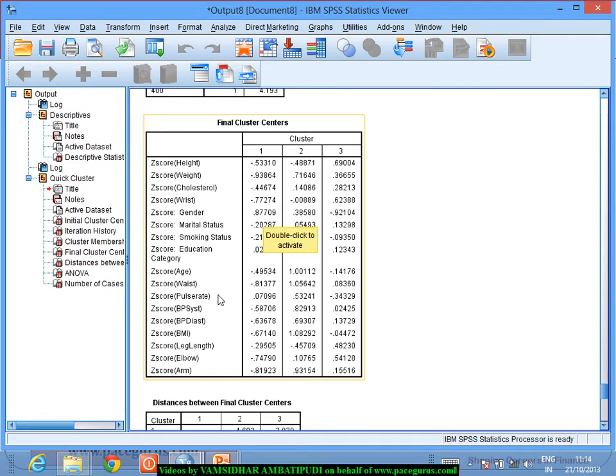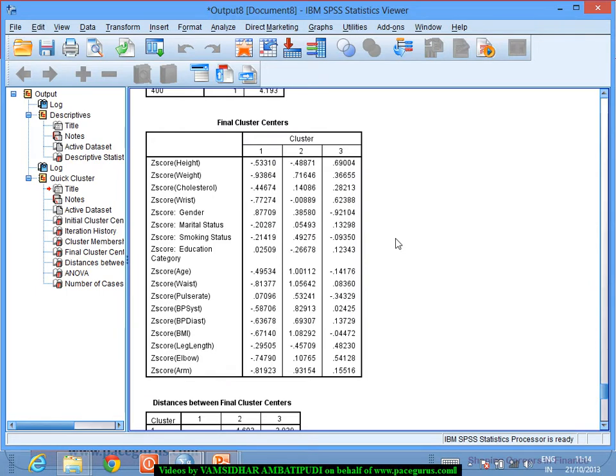And similarly, if I am looking at the waist, cluster 2 contains a very high waist, cluster 1 contains a very low waist, and cluster 3 a moderate waist. Whereas if I am looking at the BMI, cluster 2 contains very high BMI, very low BMI for cluster 1, and moderate BMI for cluster 3.